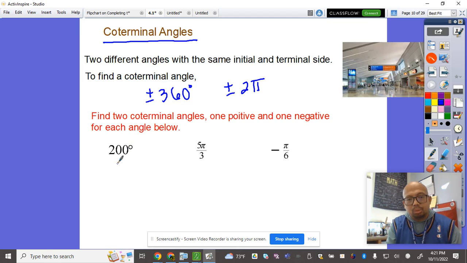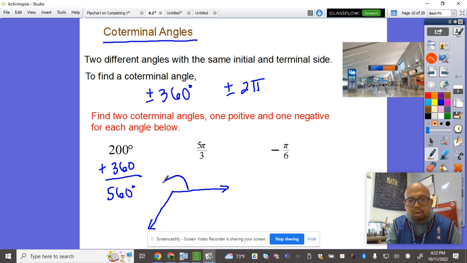What we're given here is 200 degrees. For the positive one, I'm going to add 360 degrees, so that's going to be 560. Let's draw it so we can get an idea. This is the initial side. The 200 degrees will be somewhere in your third quadrant.